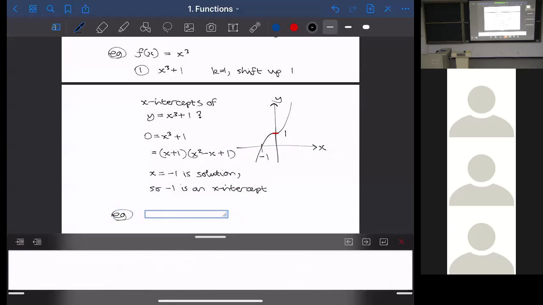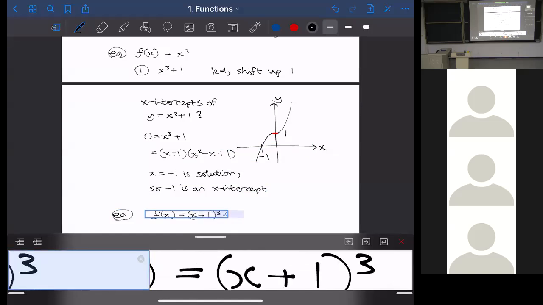And another example, if f(x) is (x plus 1) cubed. So what have we done here? Instead of adding 1 after we do the function, we've added 1 before the function.